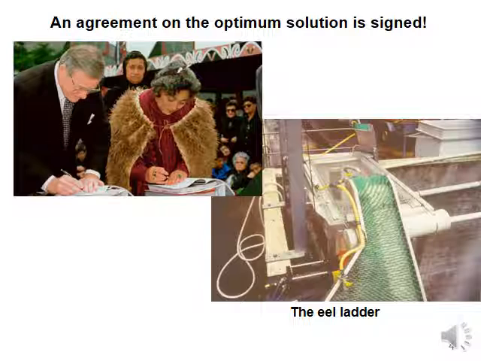Then it's not actually going to work. And that's why usually you need to have a public policy solution where the government gets involved. It's because of the problem of transaction costs.